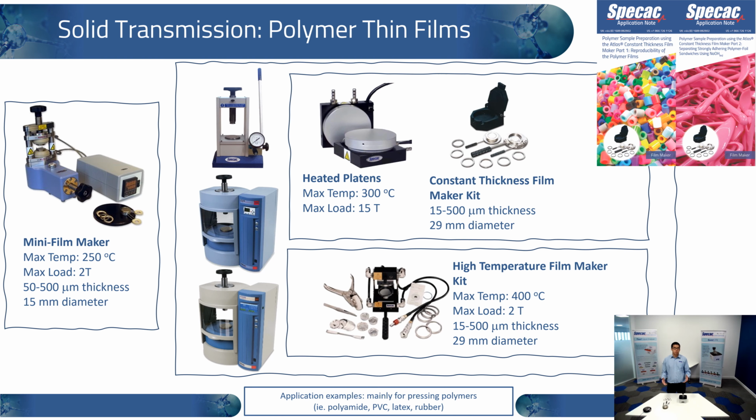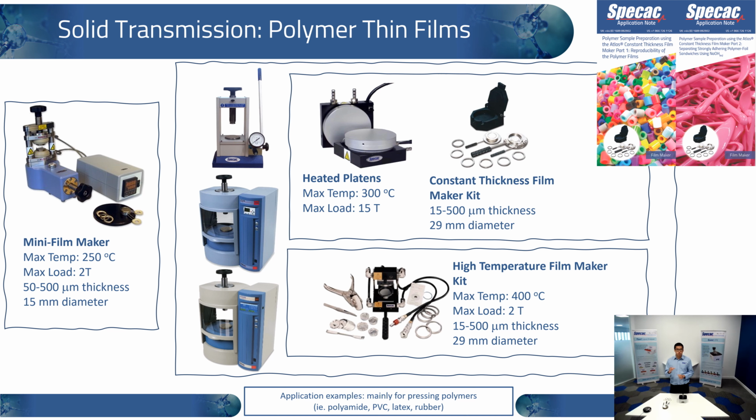So in terms of our solid transmission accessories, you can see them on this slide here. If you want to go into more details, you can go into the application notes as shown on the top right corner. So we have the mini film maker that can go up to 250 degrees.